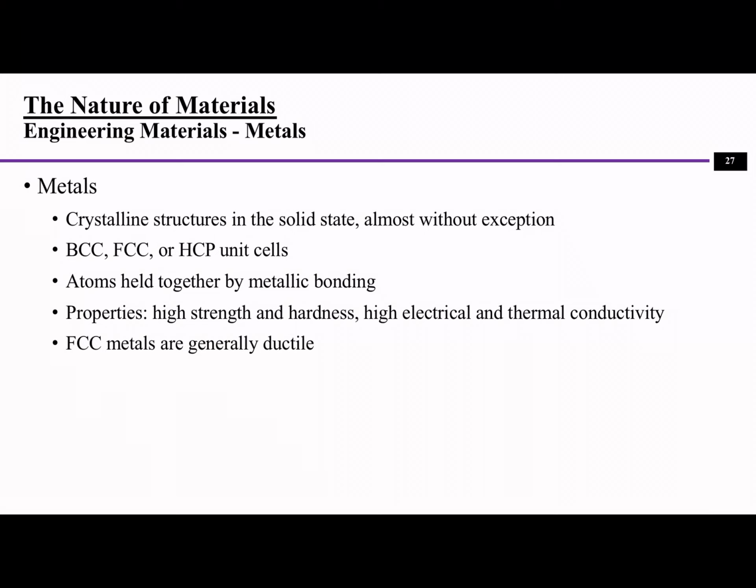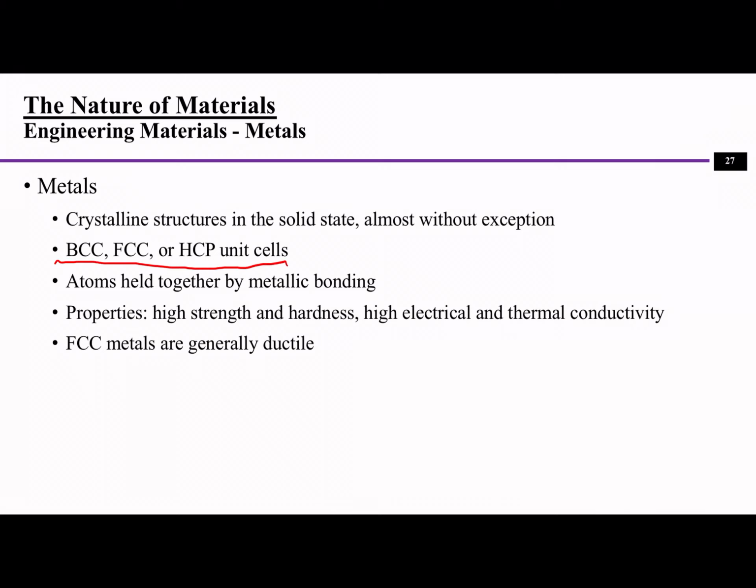Typical properties for metals are high strength, hardness, and high electrical and thermal conductivity. The reason they have good electrical conductivity is because they form what? They form a cloud, right? With metallic bonding, they have a cloud of electrons, so that's why they can easily have this conductivity feature.